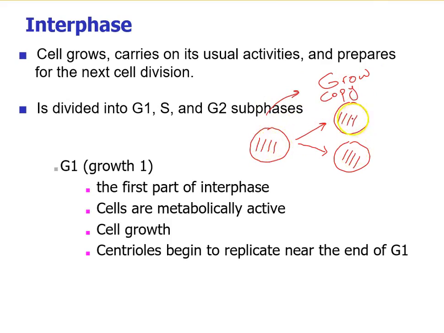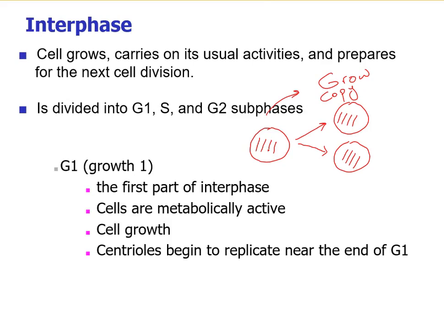Then we're going to have two exact shape and size and chromosome number like their mother cell. So then the interphase is the phase that cells get ready to divide. The cell must complete several important tasks, like it must grow and copy its genetic material.